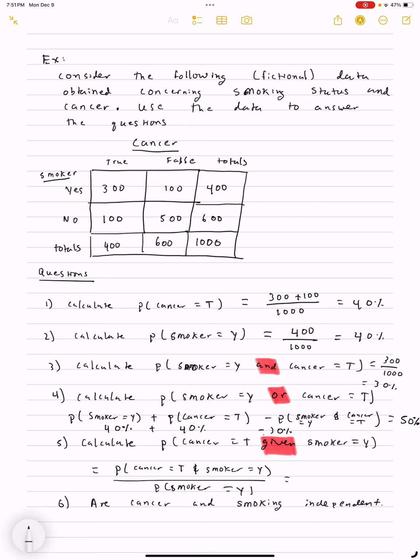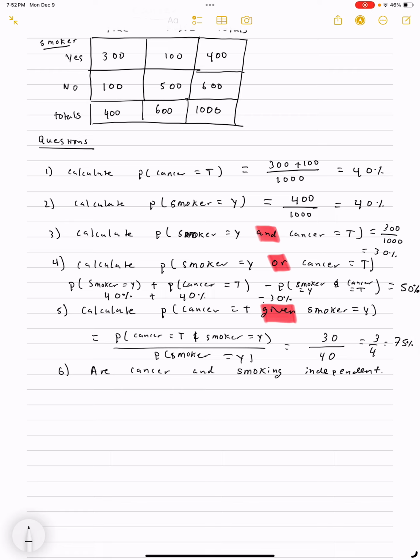Okay, so we know all of these probabilities. We know that the probability of being a smoker is 40% of the population in the study. So that's 40. The probability of both is 30%, so 3/4. And so the probability is 3/4 or 75%. Okay, and there we calculated the conditional probability.